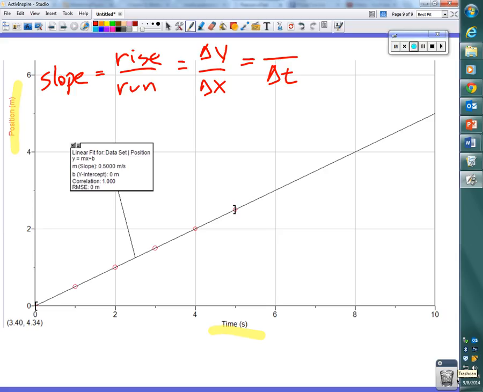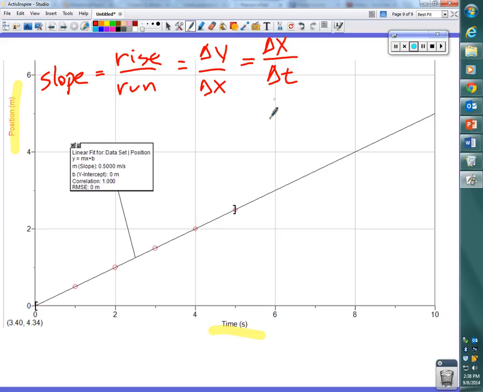On the y-axis, we're representing position, right? But more specifically, not just where the position is, but slope talks about the change in the position. That's a term we introduced last week, and we called it displacement, okay? Now, here's where I don't want you to get confused. What symbol did we use to represent displacement? Delta x.